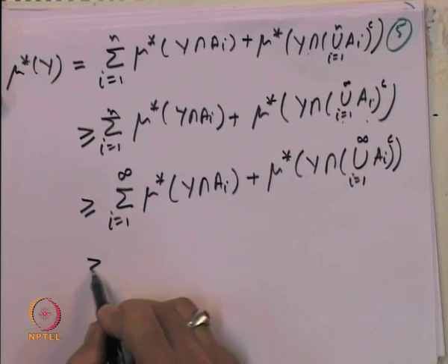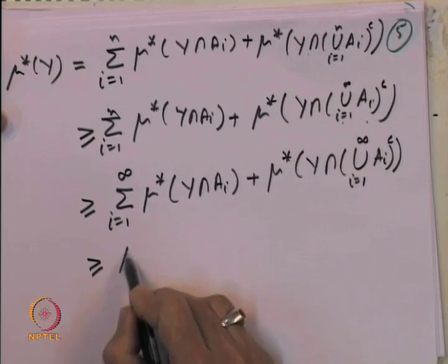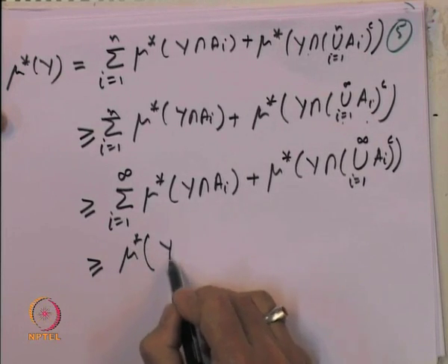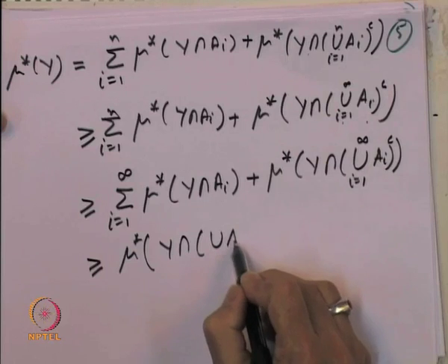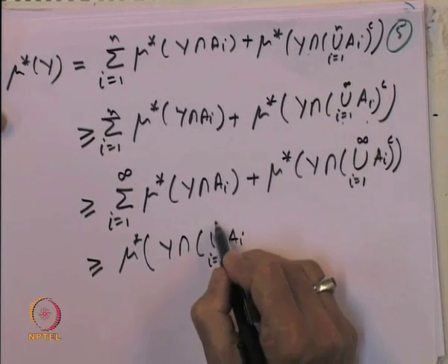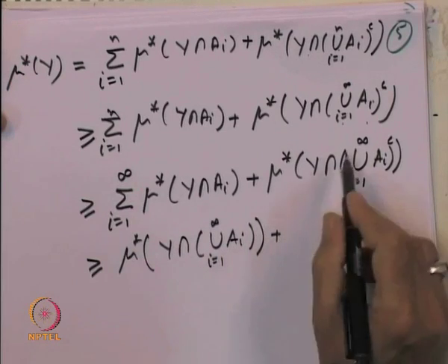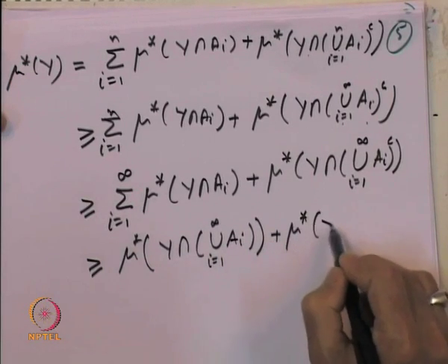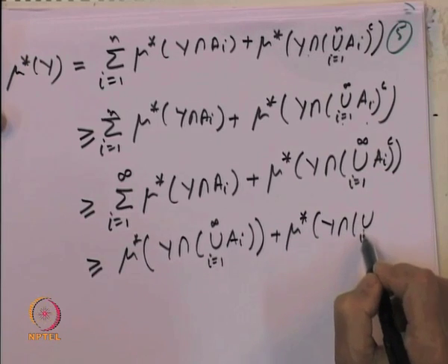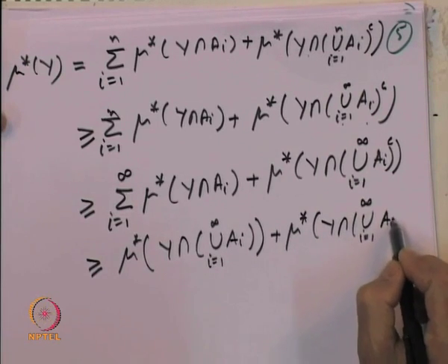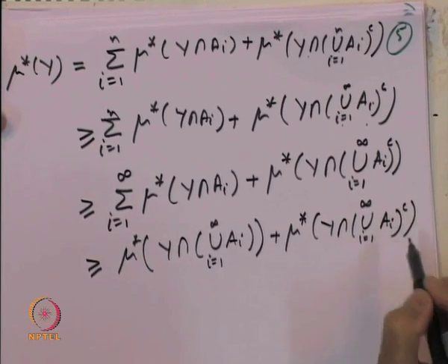So, the first term is bigger than or equal to mu star of y intersection union A_i, i equal to 1 to infinity, second term as it is. So, mu star of y intersection union 1 to infinity A_i's complement.